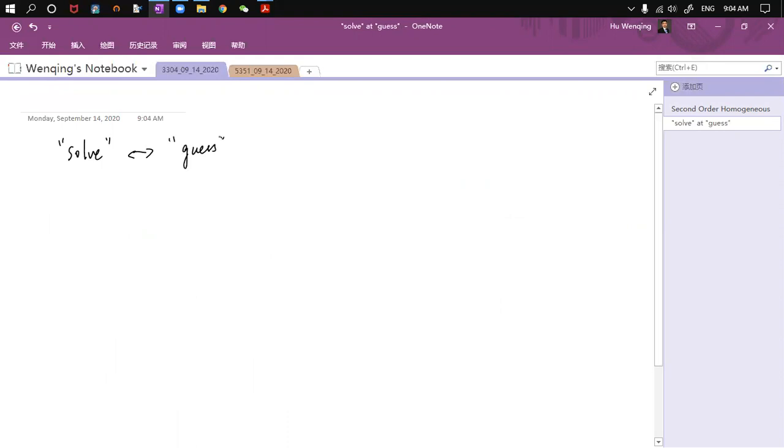For example, last time, if you still remember, we guessed a solution of the type of an exponential function, and we justified that if the exponential function is going to be a solution, then it must admit the characteristic roots in the exponents. So that's a guessed solution.